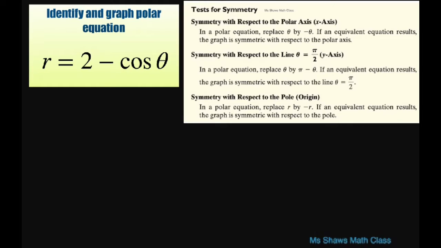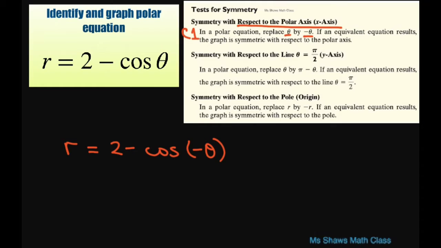So the first thing we want to test is condition 1 and see if our graph is symmetric to the polar axis by replacing theta with negative theta. Basically, if we get the same equivalent equation, it's going to be symmetric.